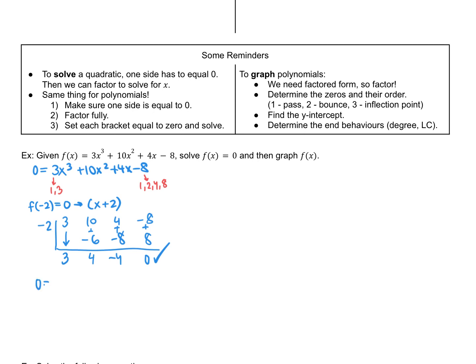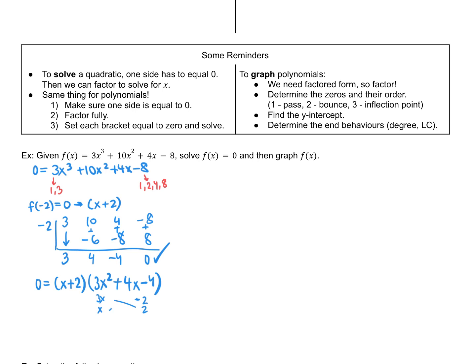So that means our equation is now x plus 2 from our factor. And then because I did cubic divided by linear, I will have a quadratic for my quotient. And now I can factor this using crisscross or whatever method I would like. So I'm going to do 3x and x, and then 2 and 2, with this one being negative.